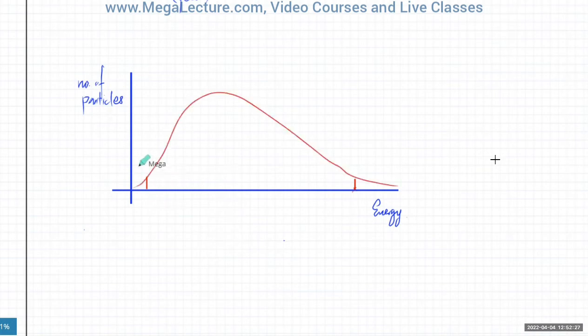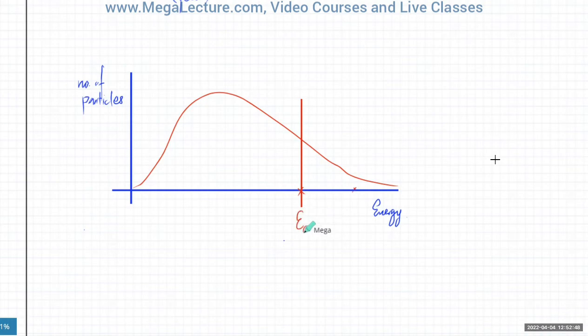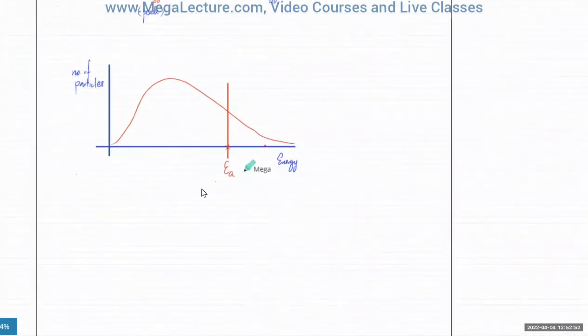I said there's going to be a point which would be called your activation energy. Let's say this particular point over here is your activation energy. So what is the activation energy?